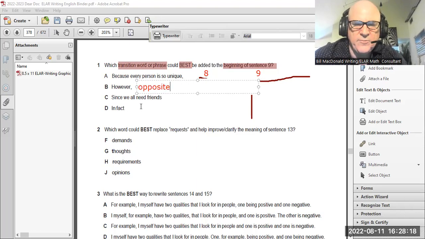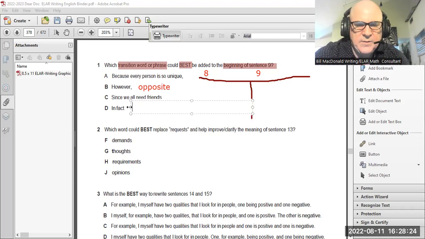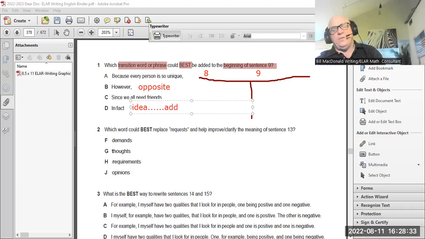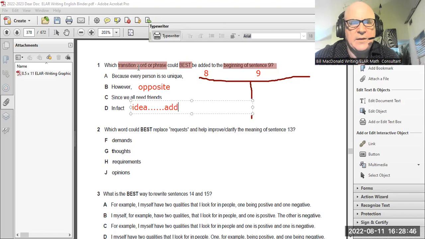Since we all need friends, then in fact, okay, that means they give you an idea and then they add to the idea with another example or another idea. So I guess we'll see how is it that they move from sentence 8 to sentence 9, so we can pick the best one for the situation.